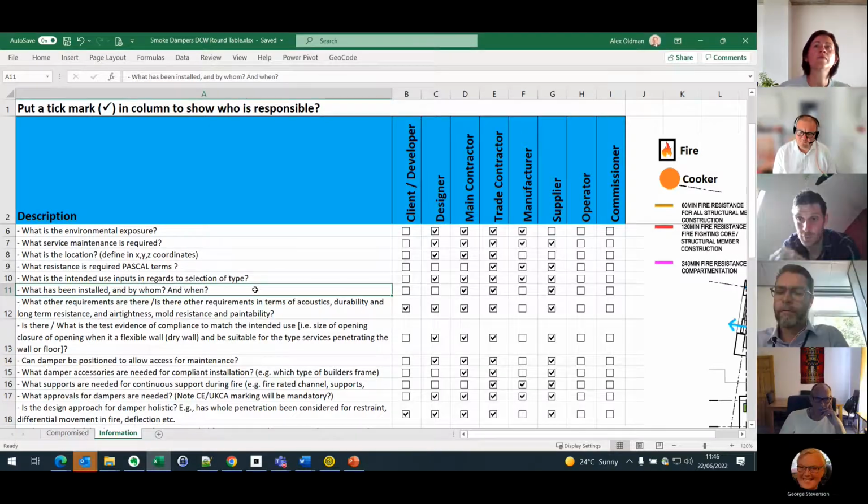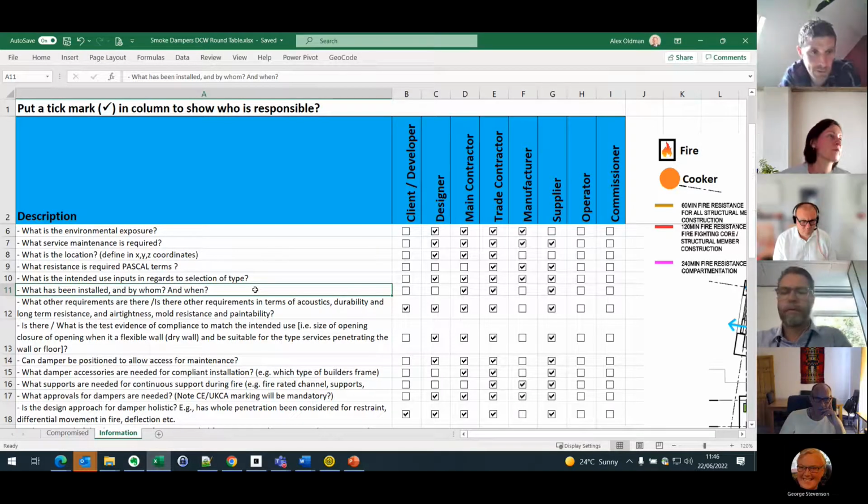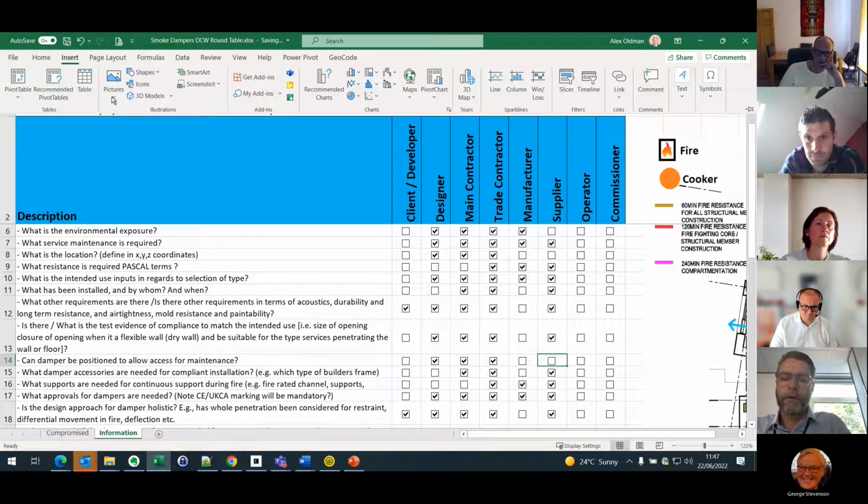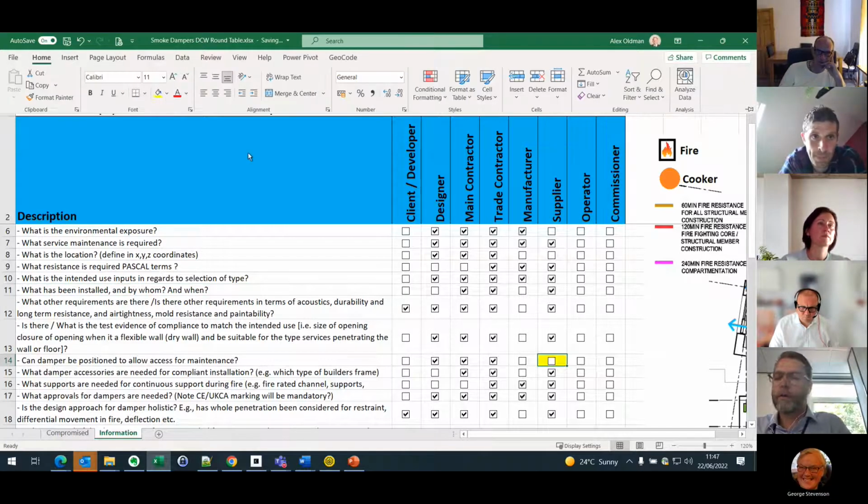Like number 14, can damper be positioned to allow access for maintenance? I don't know why a supplier would be responsible for that. Same with row 11. I would have thought the supplier wouldn't be responsible, but the contractor would if they're the ones putting it in.